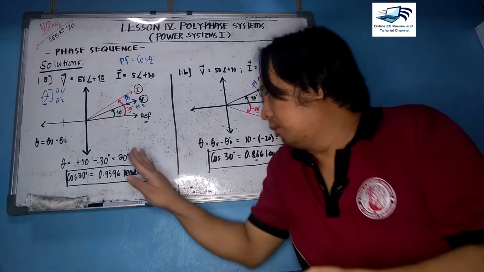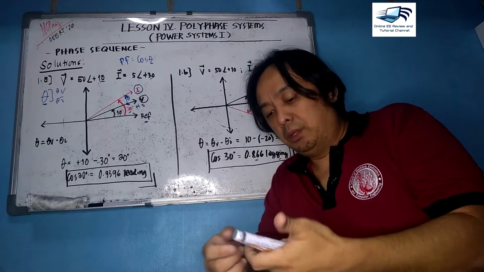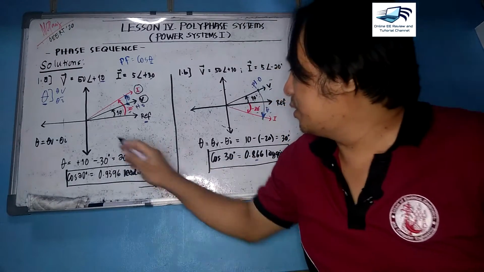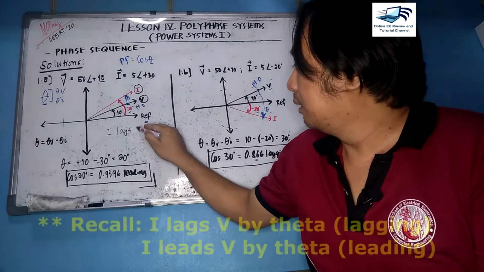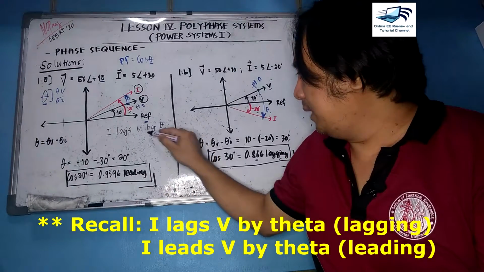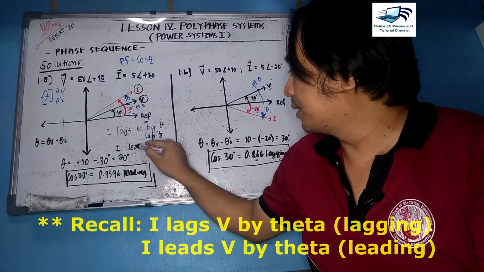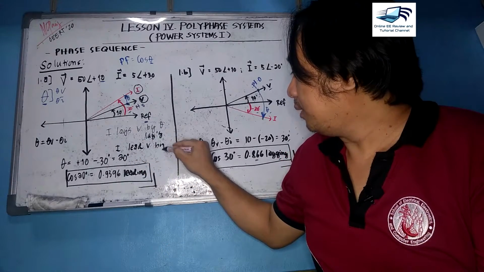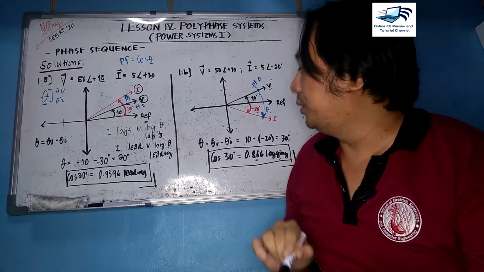But although we have the answer here, we do not know if the angle is lagging or leading. Just go back to the basic principle that we have two important statements there. I lags V for a lagging condition, and I leads V by a certain angle for a leading condition.